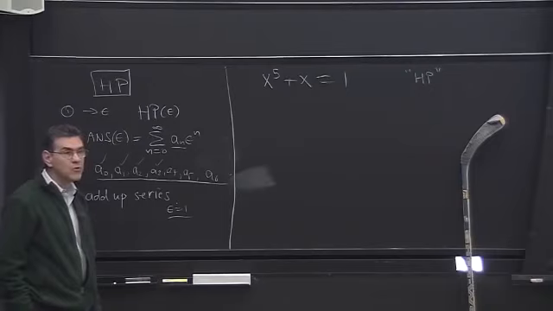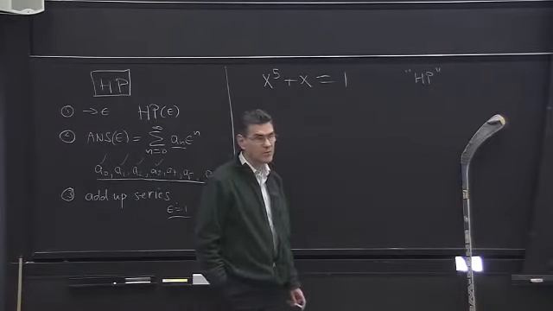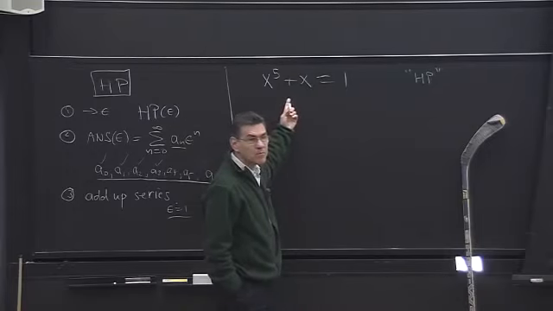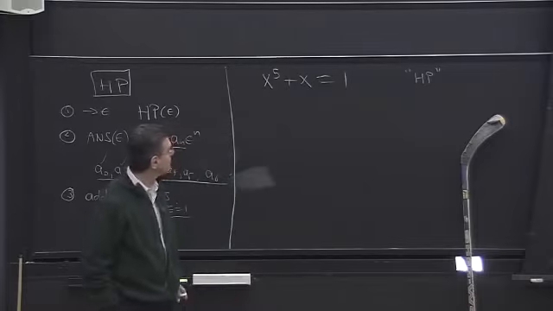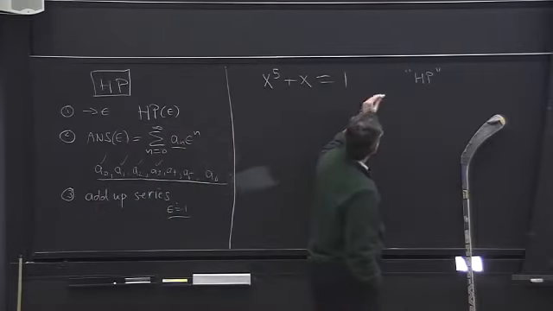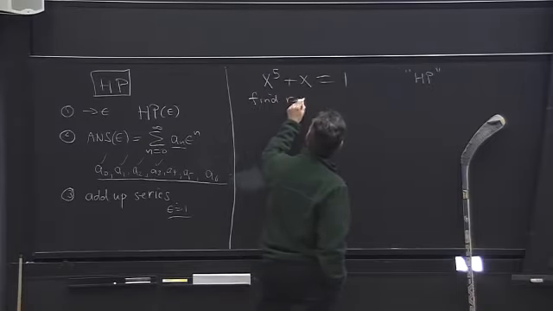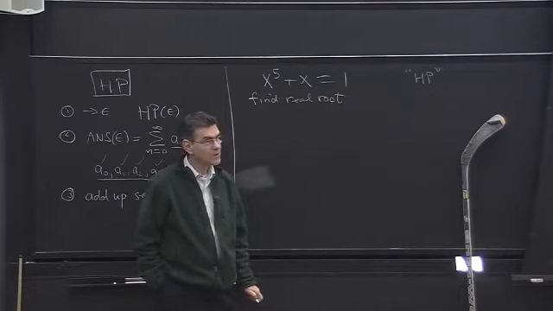Okay, now suppose your problem is to find the real root of this. By the way, what do you think the answer is going to be? I mean, roughly. Can you guess? If we're looking for the real root. The problem is to find the real root? 0.92.